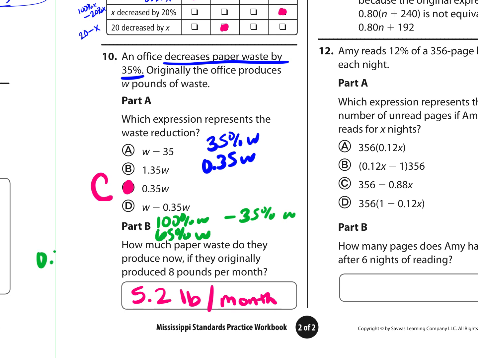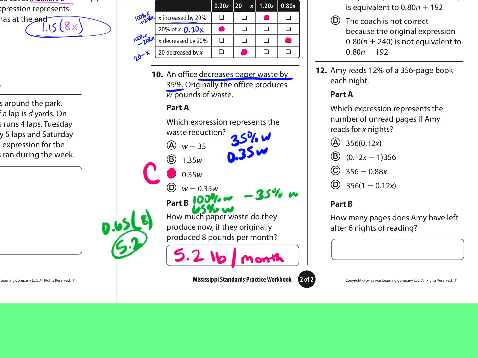And that is 0.65 times the amount that they originally produced, which was 8. When we multiply that out, we do get 5.2.